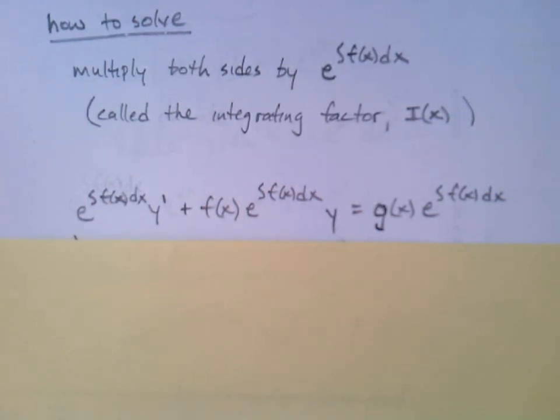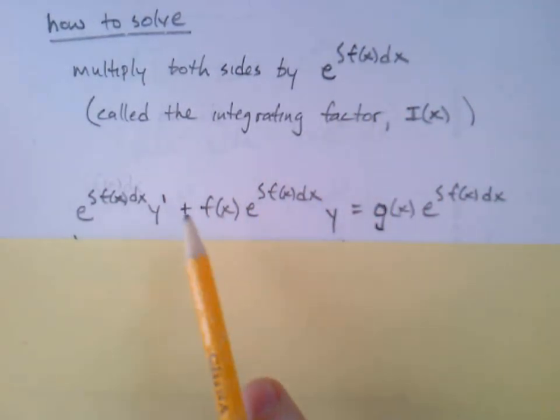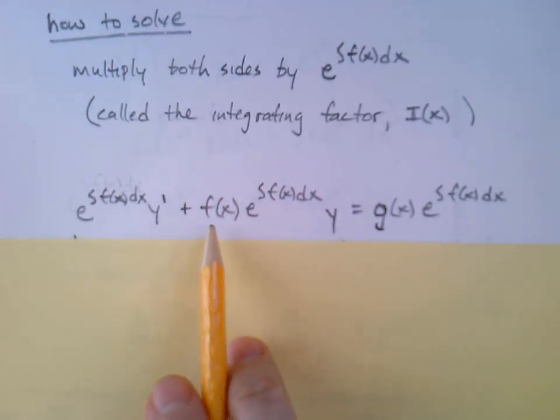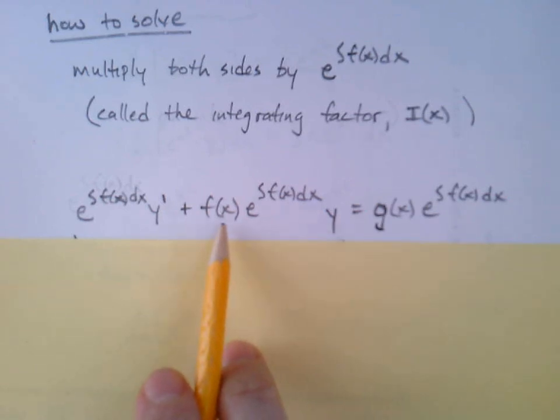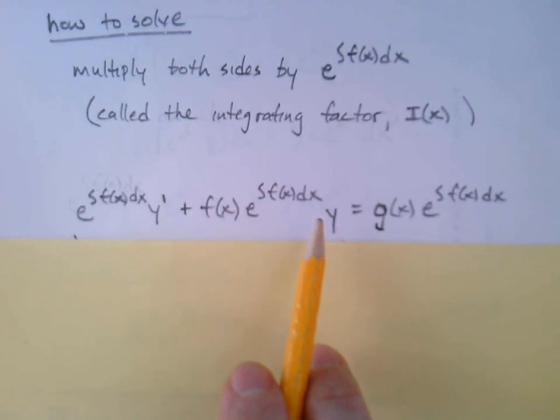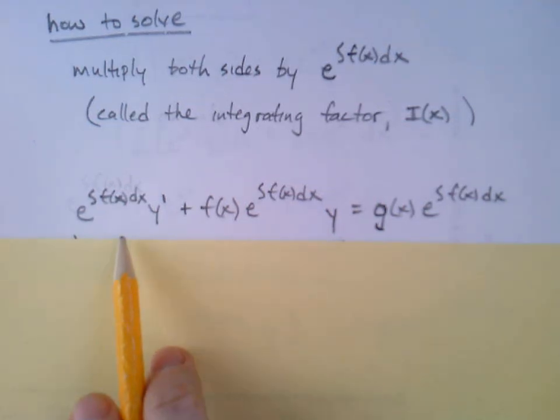Okay, what the heck is this? What is going on? Who thought of this integrating factor? This is a mess. Here's why. Look very carefully at the left side. It turns out this is the result of a product rule. Like what? This is the result of a product rule?